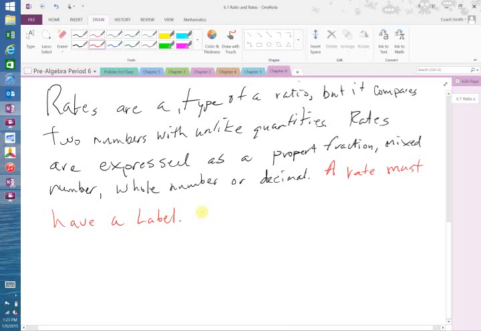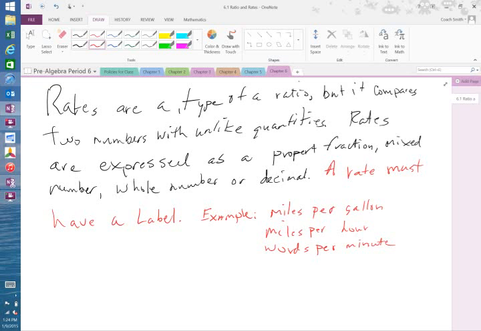An example would be miles per gallon, miles per hour, words per minute. And there'll be some others that we're going to look at here in our examples.